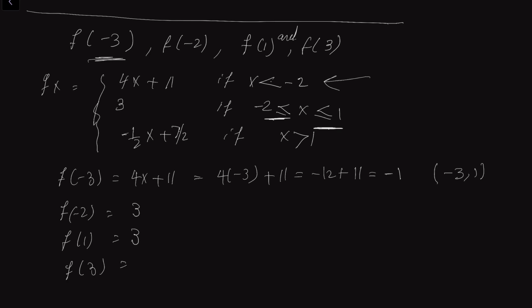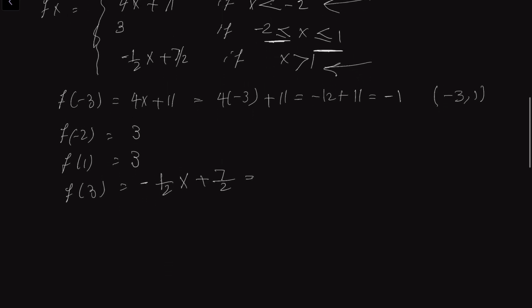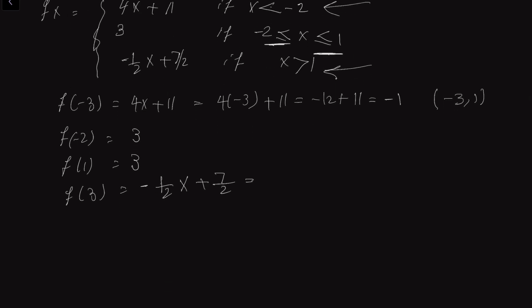And then f of 3 is greater than 1, so it's going to follow here, is equal to -1/2 x, don't forget the negative sign, plus 7/2. So it will be equal to -1/2 times 3 plus 7/2, which is equal to -3/2 plus 7/2. So that's 4/2, which is 2.